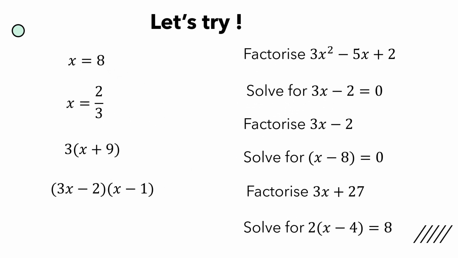All right, so let's try to match them. x equals 8 is a value. If it's a value, then that will be the answer for solving an equation. Likewise, x equals 2/3 is also a value, so that will be an answer for solving an equation.